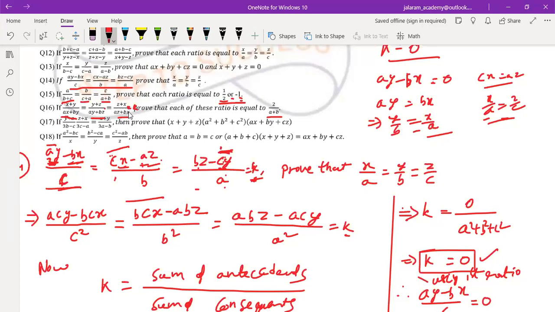On cross multiplying, x plus y plus z equals 0 or k equals 2 upon a plus b. You have to prove that each ratio is equal to 2 upon a plus b, so no need to think about x plus y plus z equals 0. Now in question number 17, there must be an equal to sign in between this, I think.